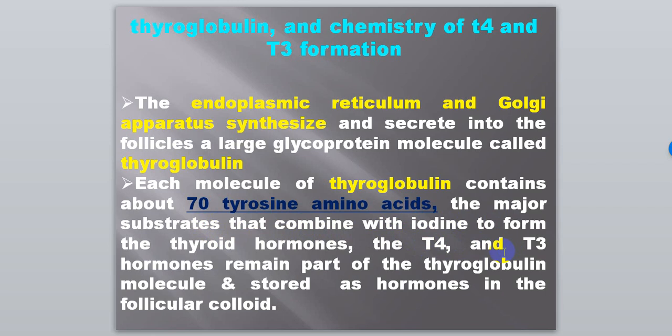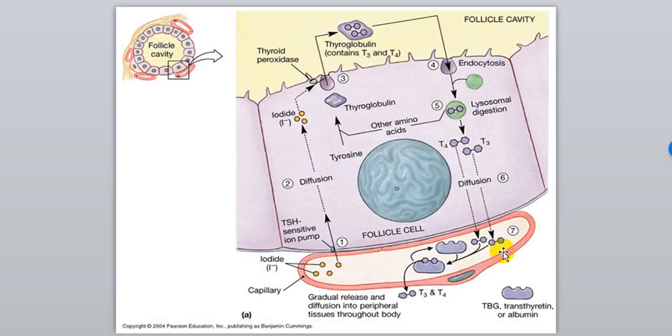When the body needs hormones, there is a combination between iodide and tyrosine. When there is no need for these hormones, or there is enough amount in the blood, tyrosine stays in its free shape in the follicles.